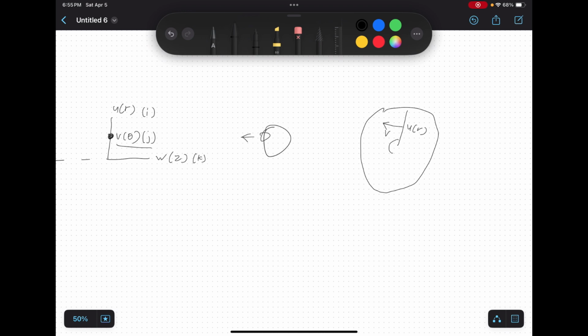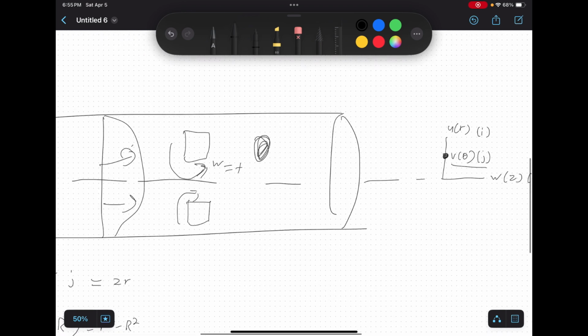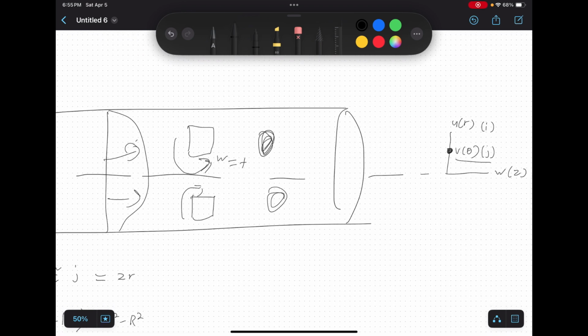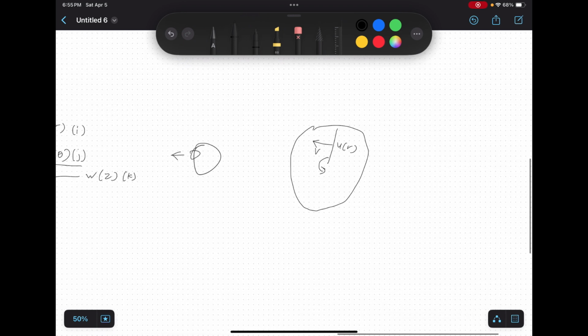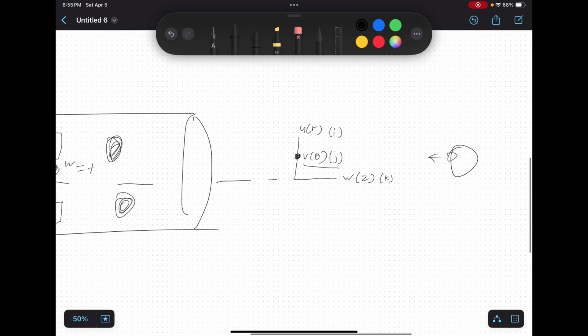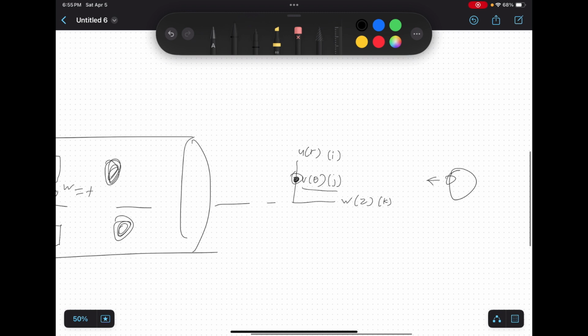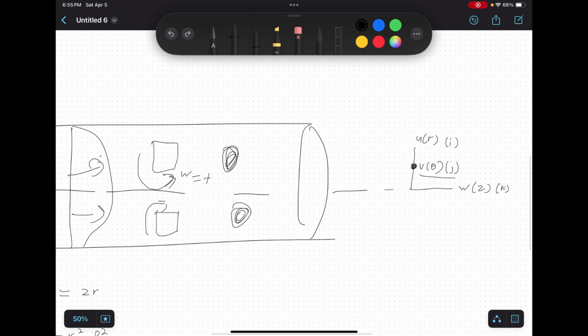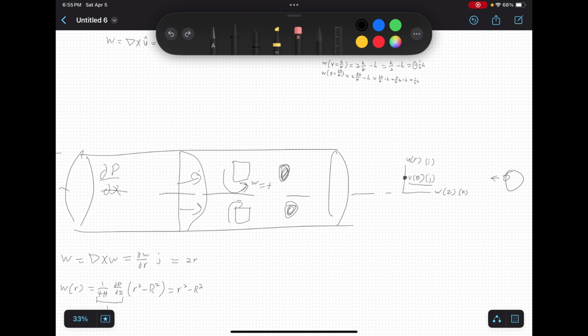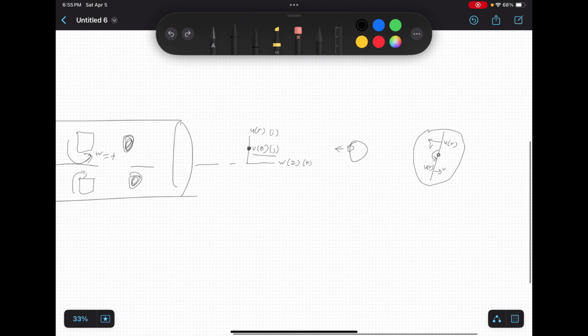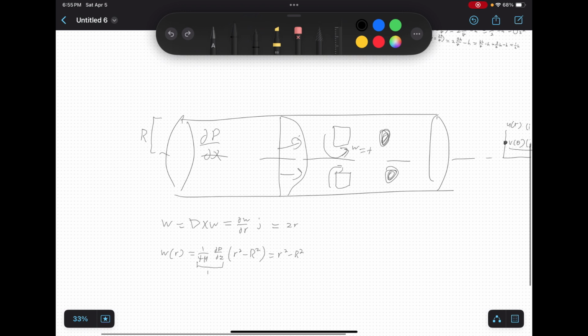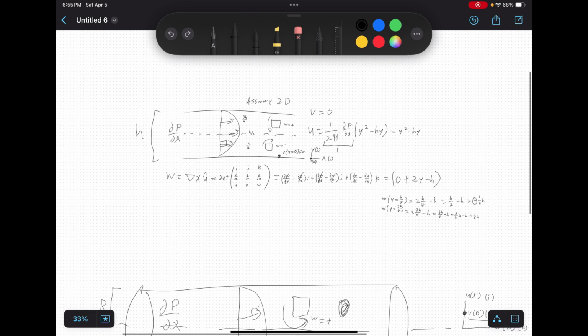But if you rotate the u vector to the bottom half, down there, that's still u of r, but now your v points that way. It points into the page, even though it's still positive. So you stick your thumb into the page, you rotate it, and there you go. Yeah, that's about it. Cool beans.